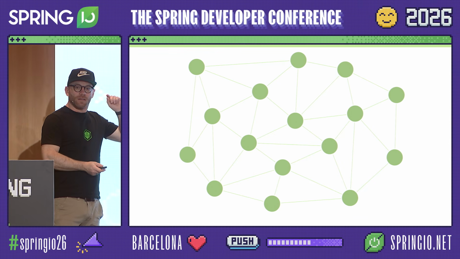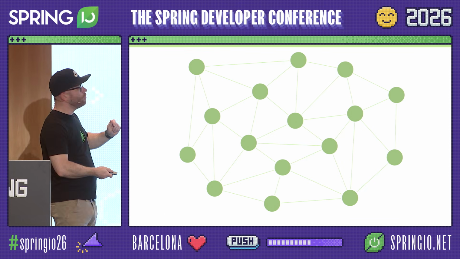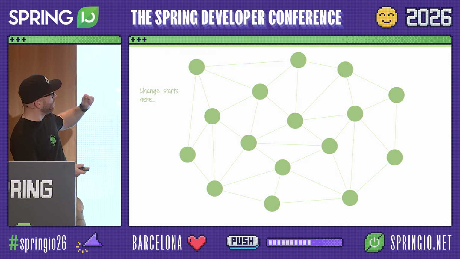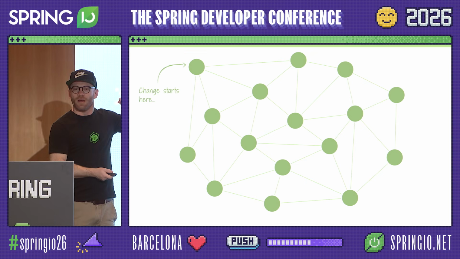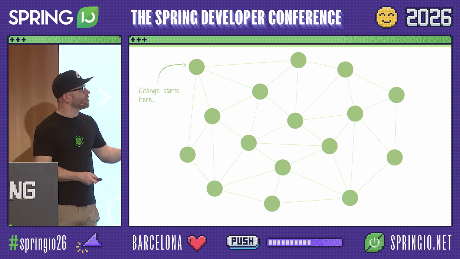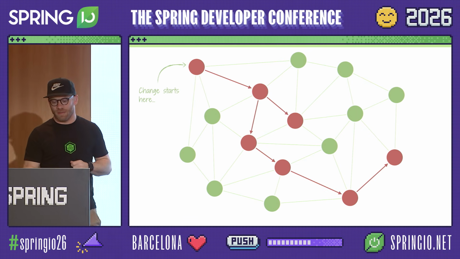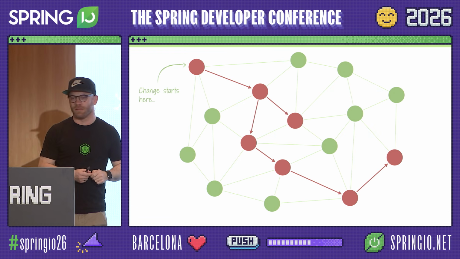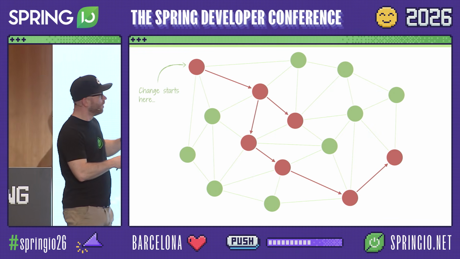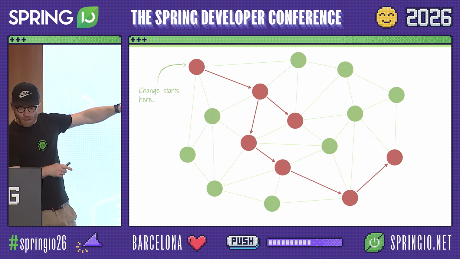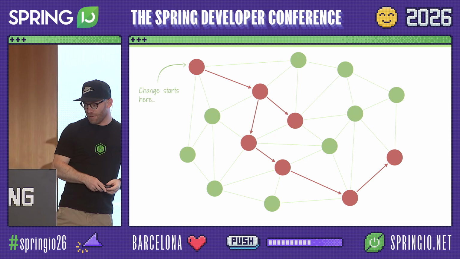Things are coupled if you need to impose a change on one of these elements, and that requires you to change other related elements of that code base. So according to that definition, these red bubbles here are coupled to each other.